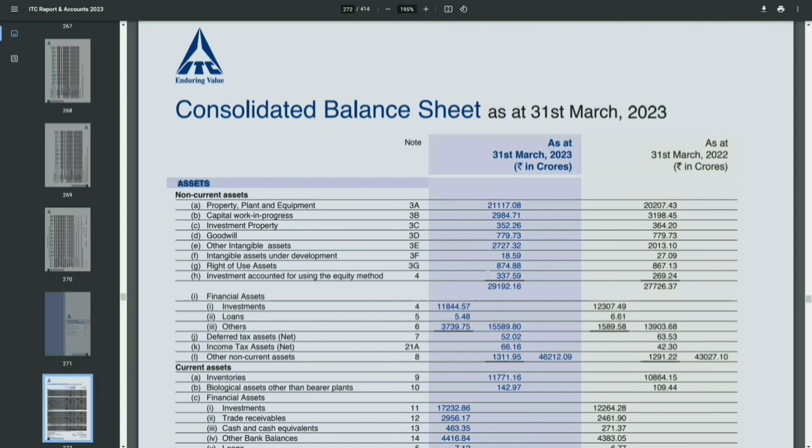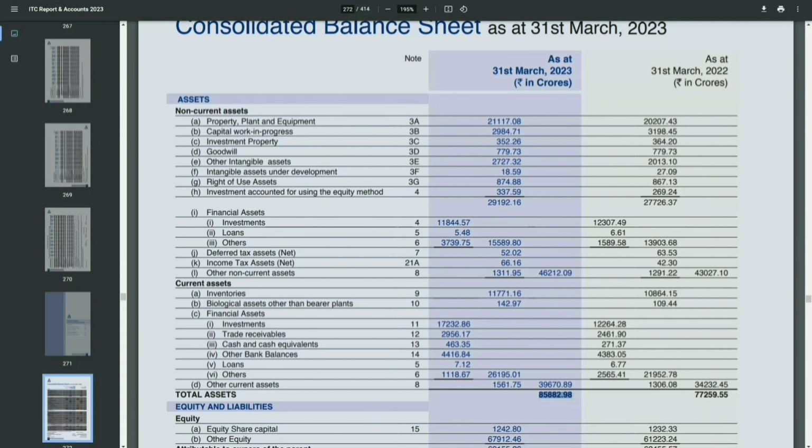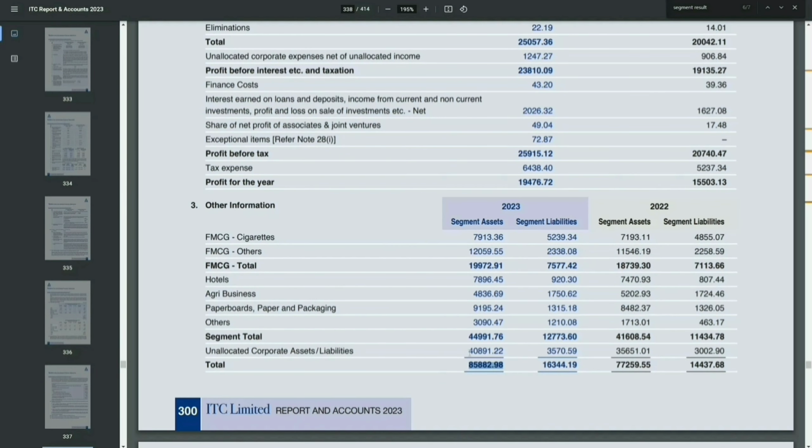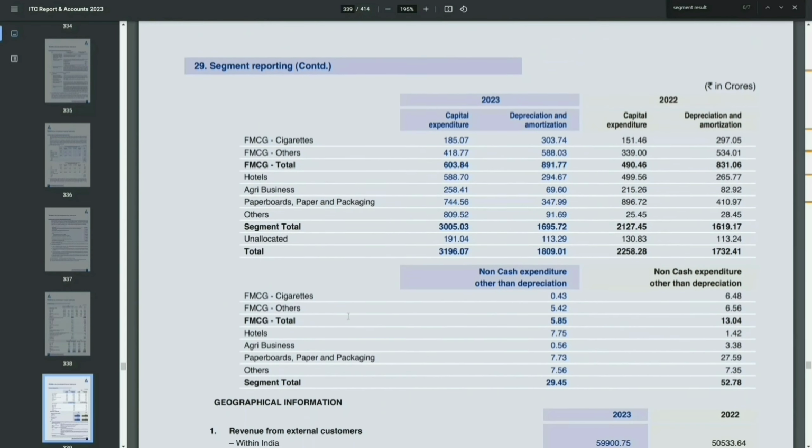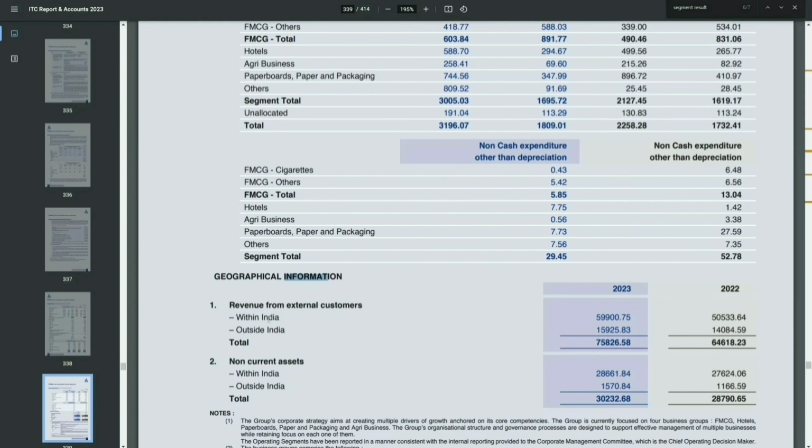Here you can see under assets, the total assets happens to be 85,882.98, same as the total here. The only thing you have to keep in mind while looking at the Power BI report is that there is also a portion of assets that cannot be allocated to a specific business, right? Also, if you scroll down a bit here, you can see the geographical information from where I got the data for the very first chart in the Power BI report.